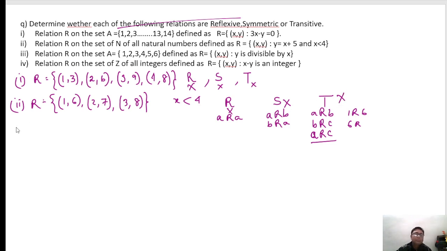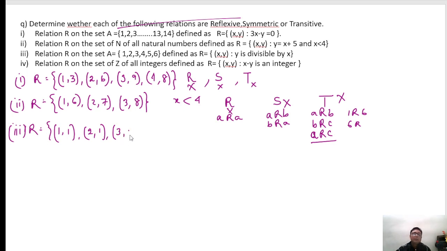Next, come to the third relation. Y is divisible by x. So I can take 1 comma 1 because 1 is divisible by 1. I can take 2 comma 1. Next I can take 3 comma 1.